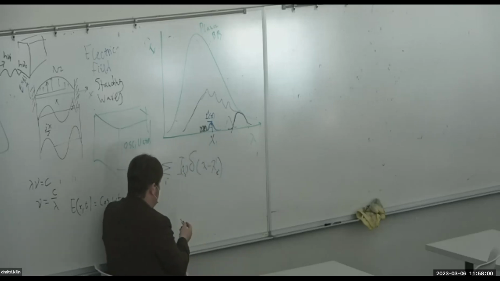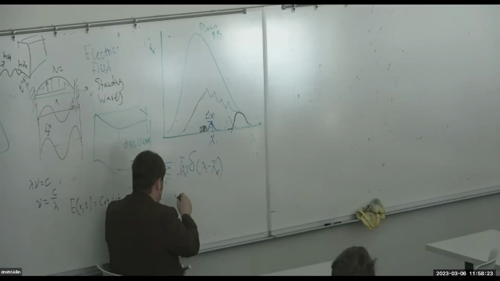Delta function is a mathematical concept that corresponds to an infinitely high peak centered when the argument is equal to 0, lambda equals lambda prime.